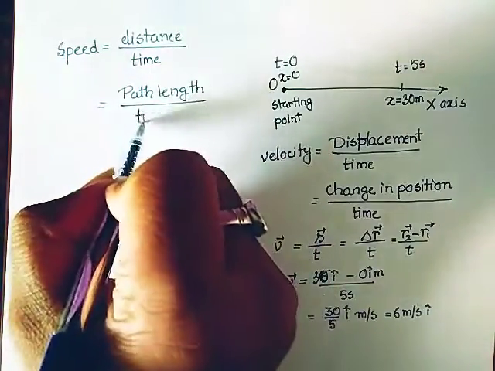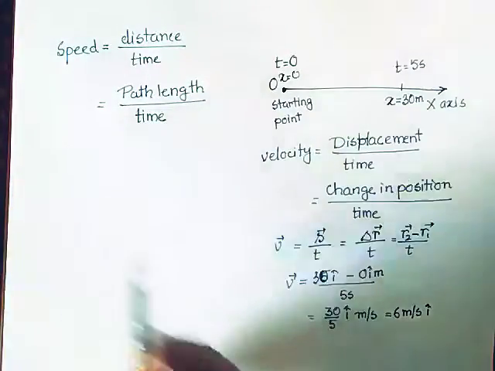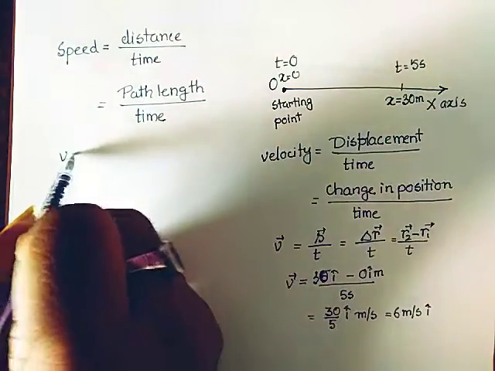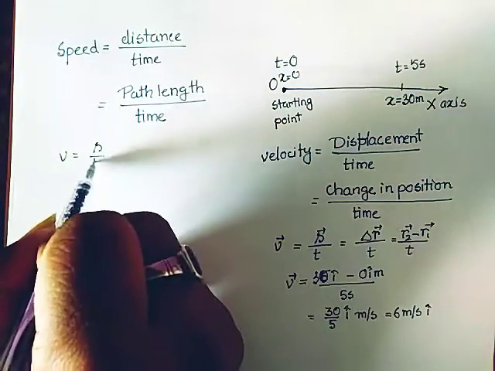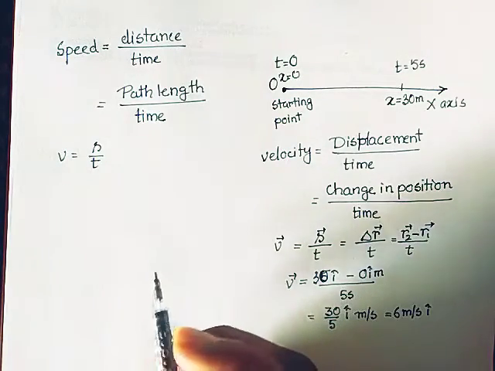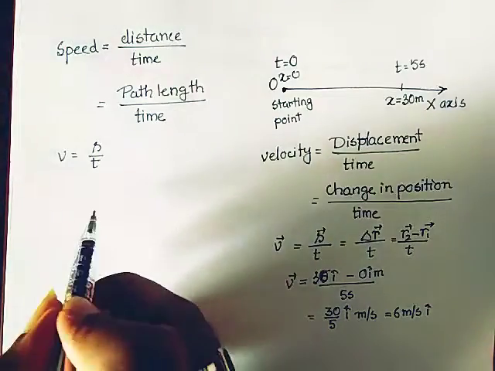So it will be path length divided by time. From here we can understand the velocity is a vector quantity, so the speed, which is basically s by t, is a scalar quantity.